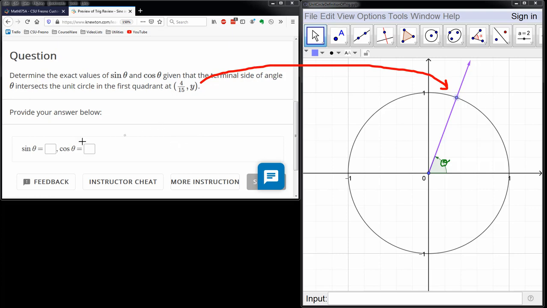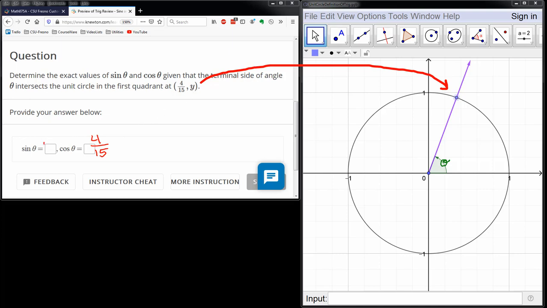From the previous problem, we know that half of our work is done already: the cosine of theta is going to be 4/15, because the x-coordinate of the point where the terminal side intersects the unit circle is the definition of the cosine. But we don't know y.